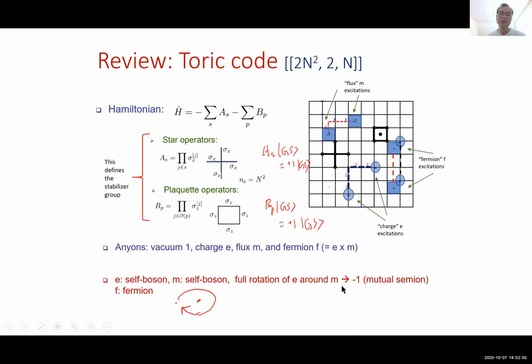So in some sense, the rotation of E around M, so this is F, is a plus sign. Take this E and loop around, it's a minus sign. So in some sense, not quite rigorously, if I exchange E and M, it's sort of half of that, half of this phase, so that's why I call them semions, but they are relative, E and M. Okay, but that's just a minor detail.